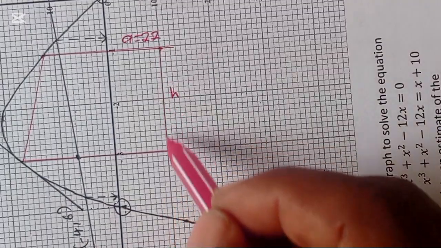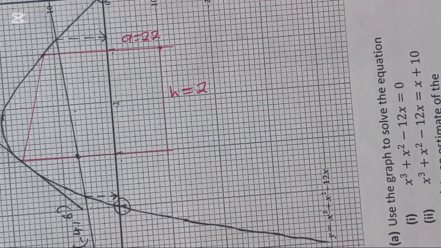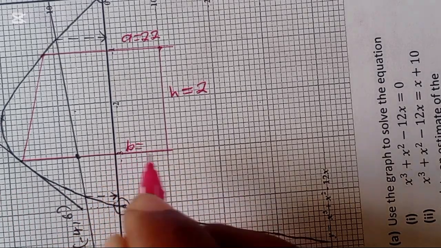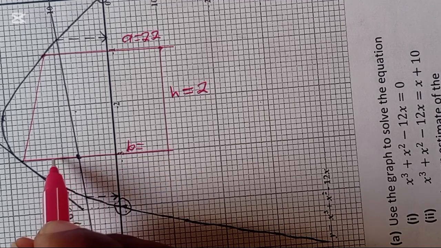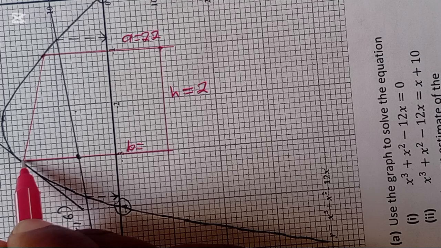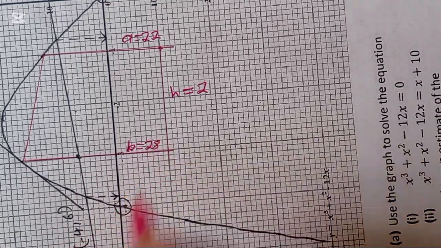So 1, 2. So my height is 2. And then now this is B. So 10, 20, 21, 22, 23, 24, 25, 26, 27, 28. So B is 28.